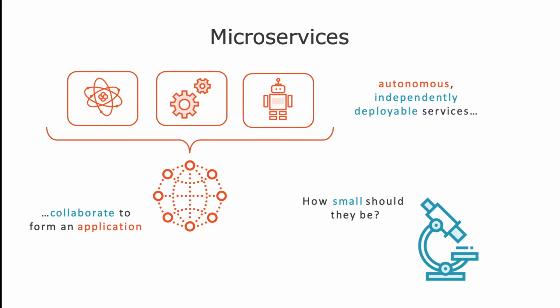So all these capabilities will be implemented in different microservices. So all those microservices, the small pieces of code that are autonomous and independently deployable, have to collaborate with each other to create my e-commerce platform, or to create my application.